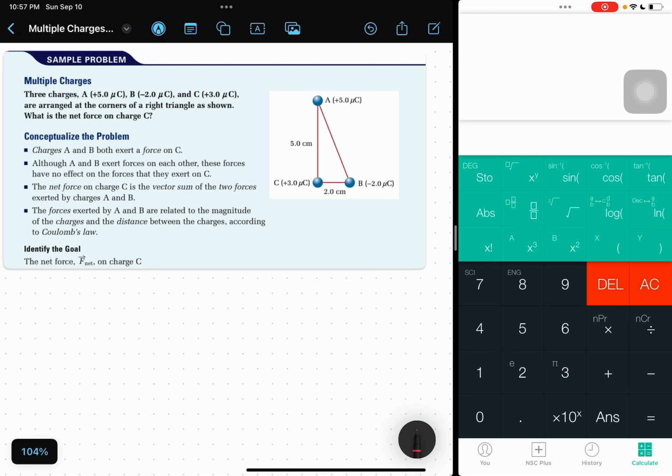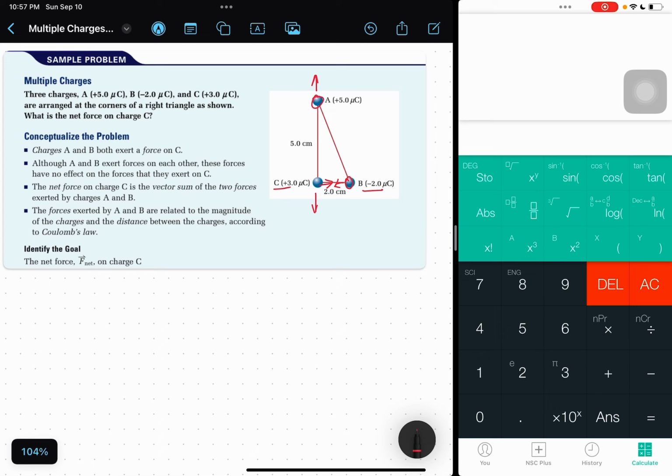So, charges A and B both exert a force on C. Di ba? Meron tayong force ng A, meron tayong effect diyan, saka force ng B papunta kay C. So, as you can see, parehong positive, so magre-repel. May force na magre-repel dito. At dito, positive ito at negative naman ito, ito naman yung force na mag-a-attract.